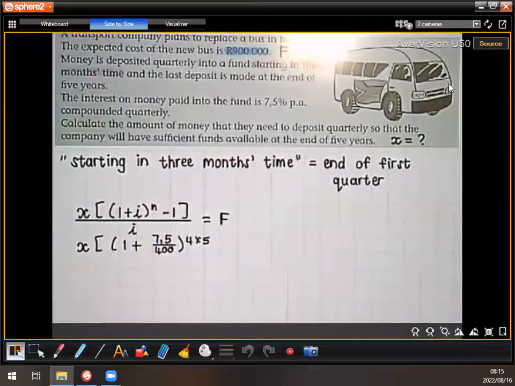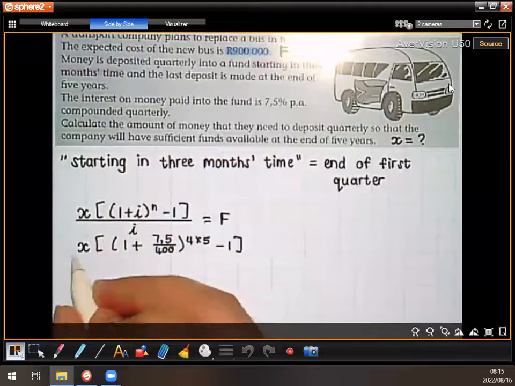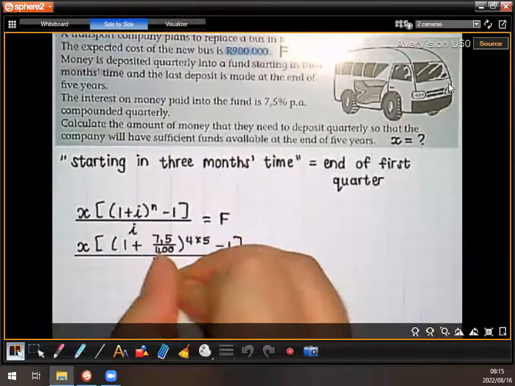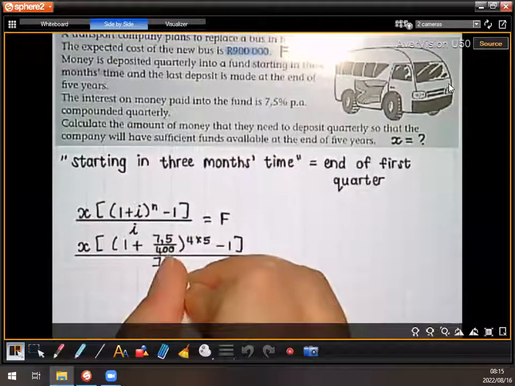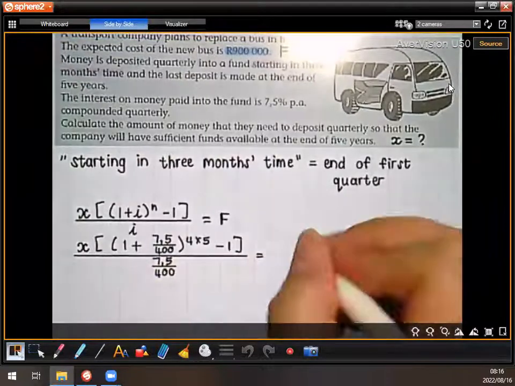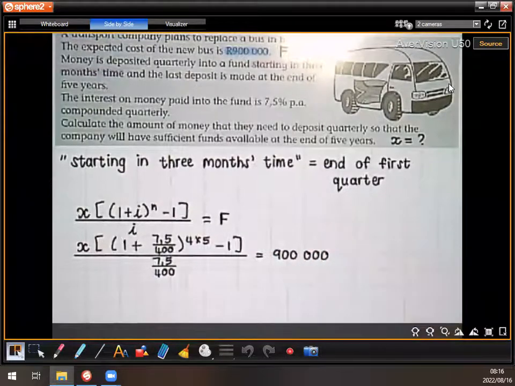You can write that as 20 straight away if you want to. Minus 1, all over that same interest rate. And that is going to be equal to the future value, which is 900,000.